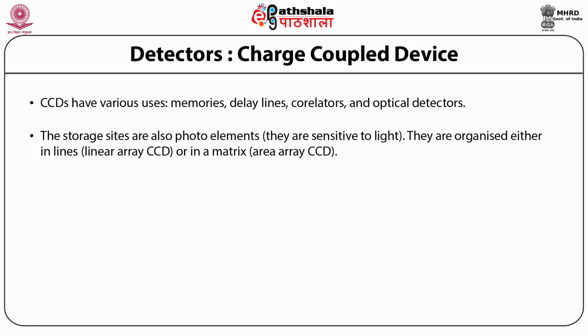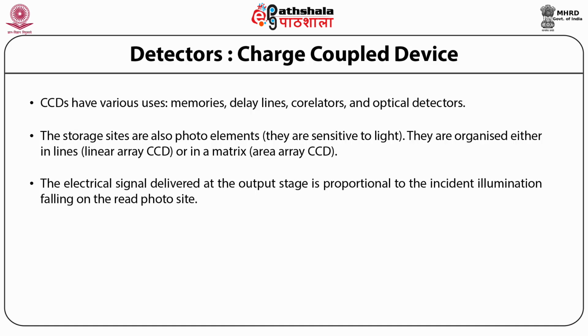After a period of being exposed to light, called the integration time, the photocharges are transferred one behind the other to an output stage. The electrical signal delivered at the output stage is proportional to the incident illumination falling on the photosite.